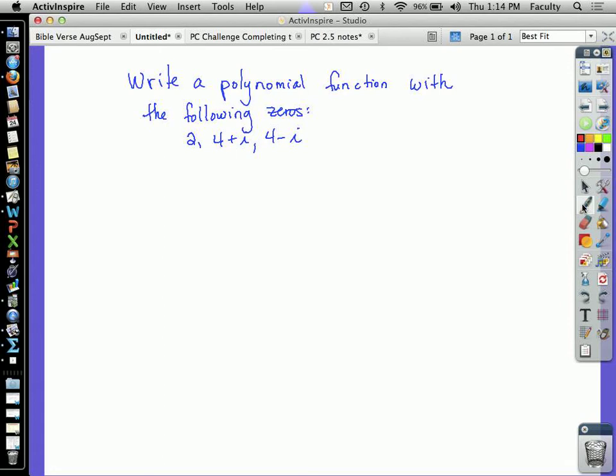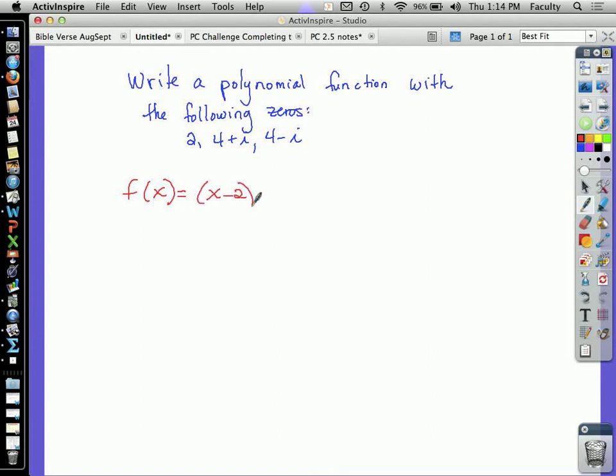Now, if you saw this problem and they said, okay, you have zeros of 2 and 4 plus i, you have to understand as the pre-calculus student that 4 minus i is automatically another 0, even though they didn't explicitly come out and say it. Alright, so now watch this. We're going to write f of x equals.